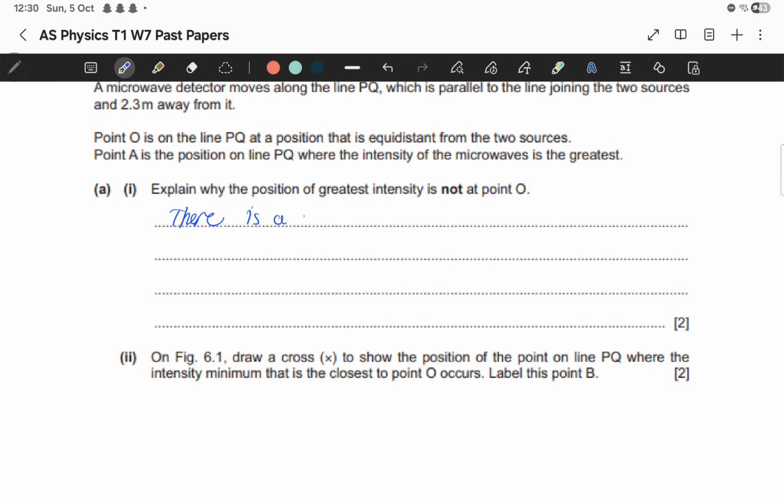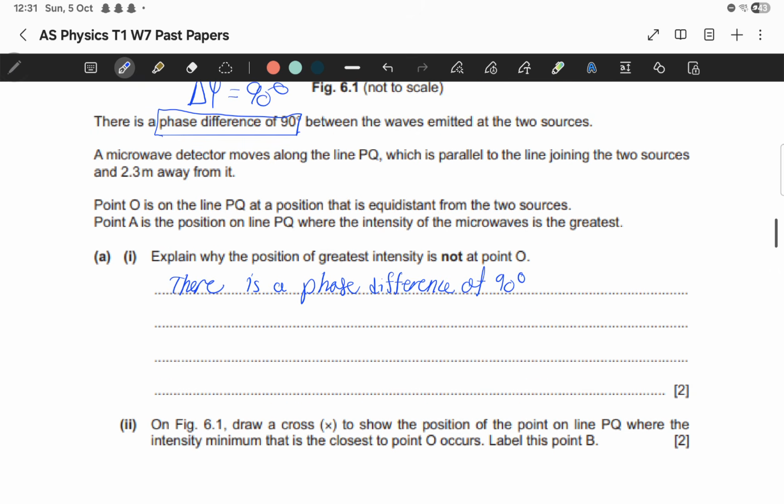Okay, so what we're gonna write is there is a phase difference of 90 degrees at O. Right? That's the first mark.